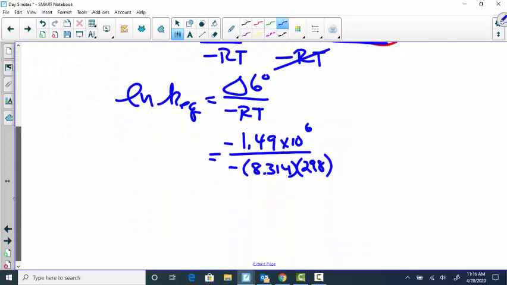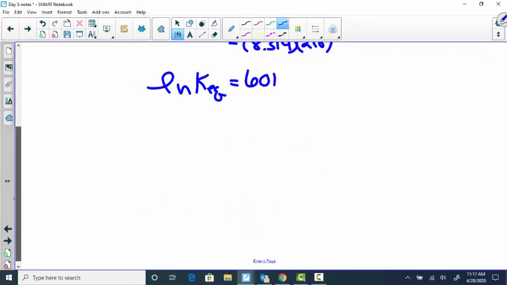If you do this, you get the natural log of KEQ is equal to 601. If you do that math, I suggest you do that. Now, this is where we actually need to solve for KEQ by taking e to the 601 power. So it's the second natural log key.